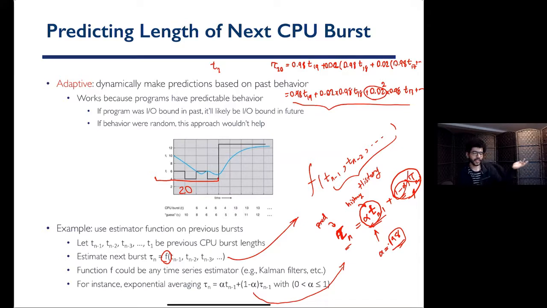So after, let's say, 20 steps, this is going to be so small that you're forgetting about very long histories. So that's basically what this does.